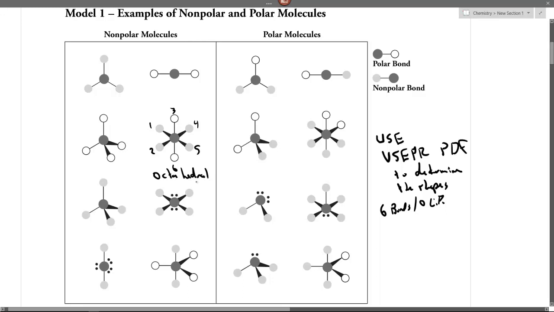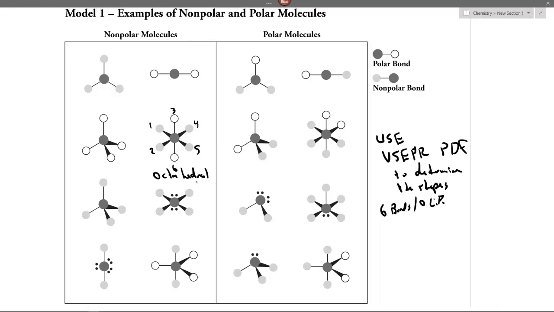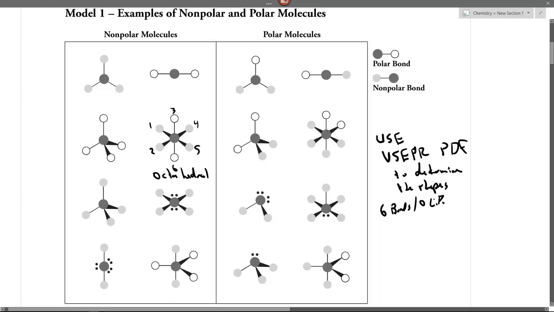I'm going to do a couple of these that are difficult for you just because you haven't seen them. Leave the simpler ones for you. So that's octahedral, makes this one over here with 1, 2, 3, 4, 5, 6 things on that, also octahedral.